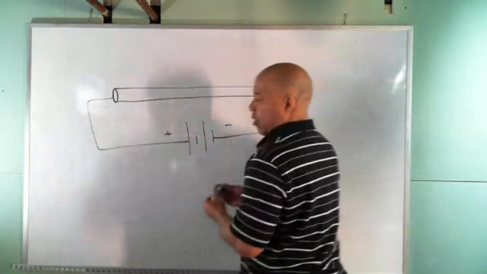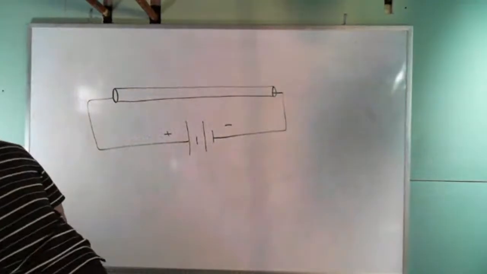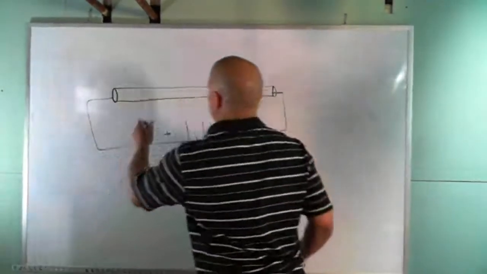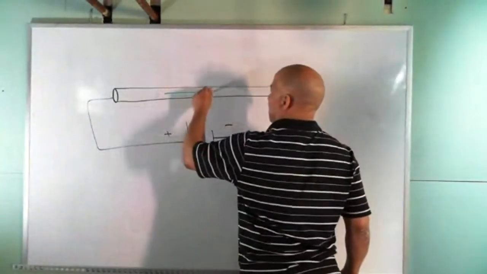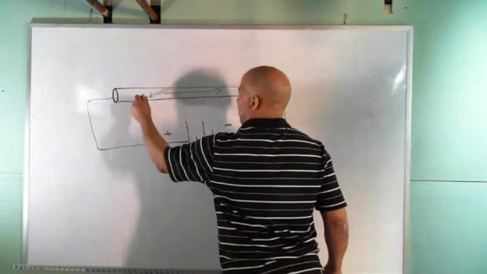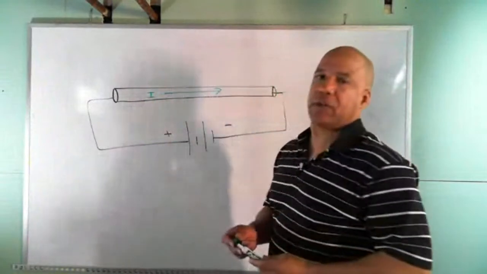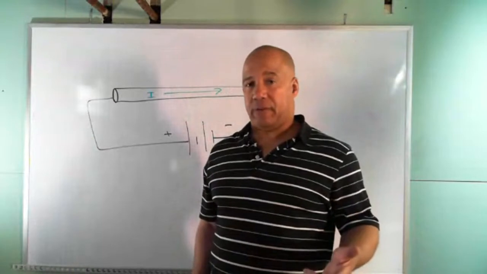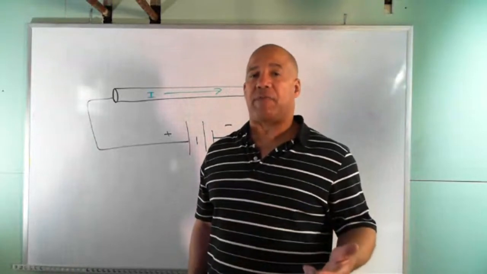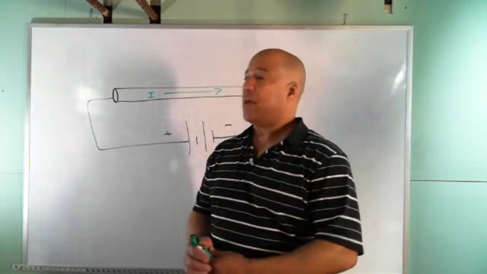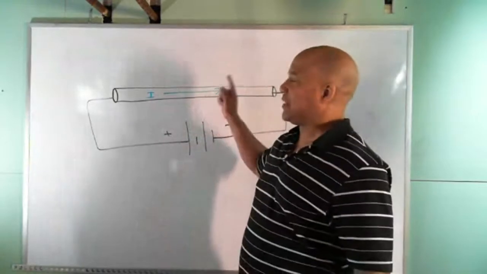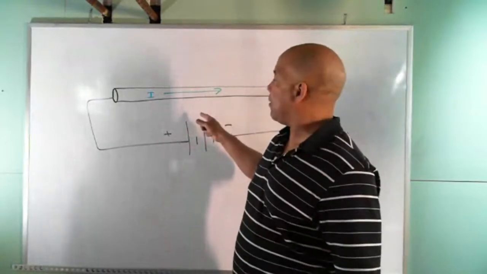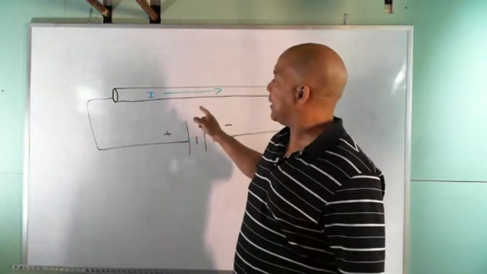So what happens is current will flow through the wire. So here's current. Now I mentioned to you that every current flow causes a magnetic field. Associated with every current flow is a magnetic field. So there's actually a magnetic field that exists around that wire, and I want to talk about that magnetic field.